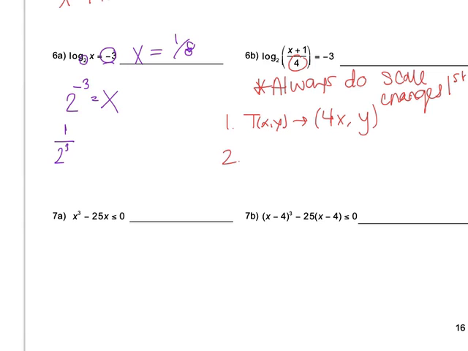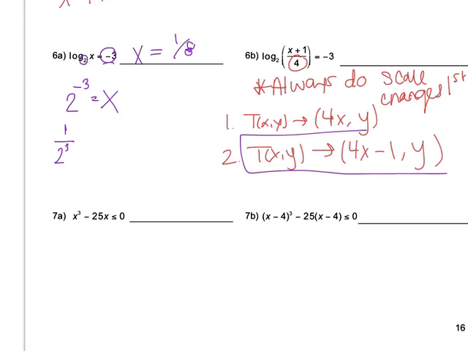The second one is, and you could just do this all in one step, after you multiply by 4, you subtract 1. 4x minus 1, comma, y. This is the transformation that's happening here.